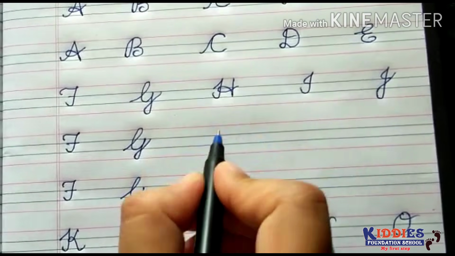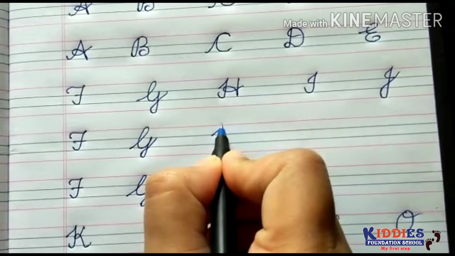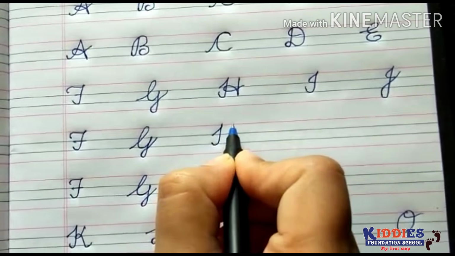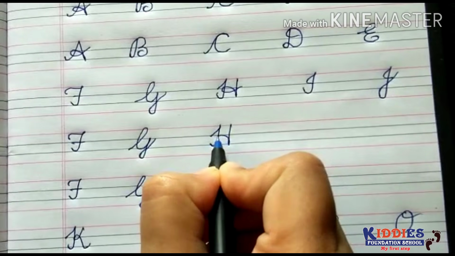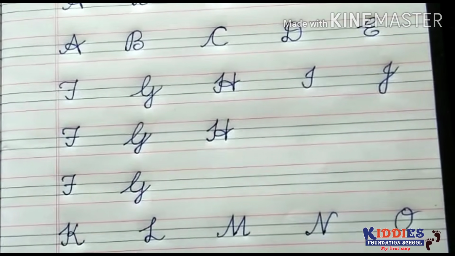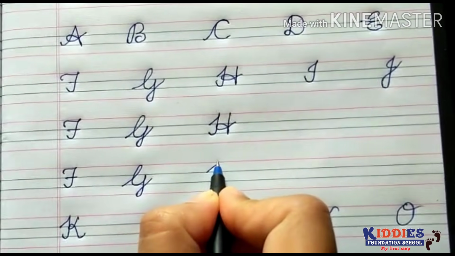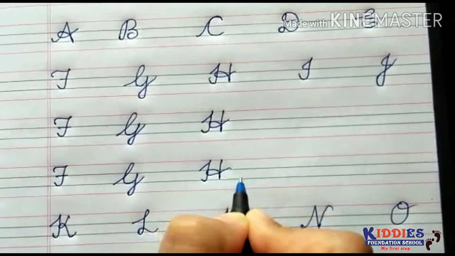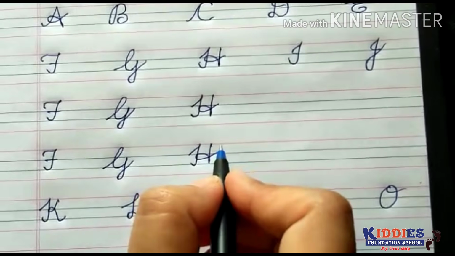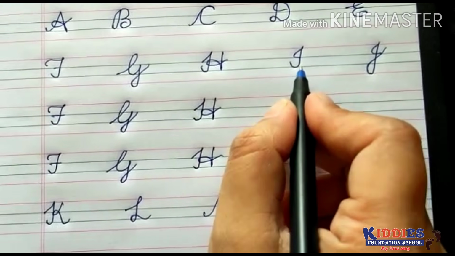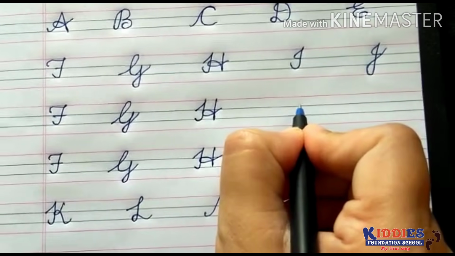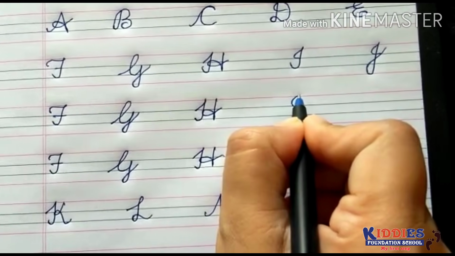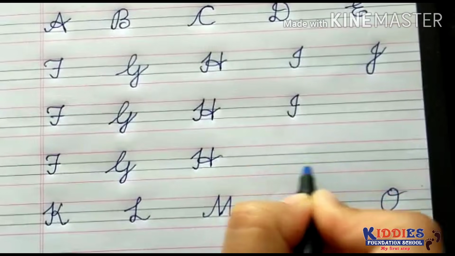This is the letter H. Here, line, like this. Okay, this is the letter H. Now come to the letter I. From here, from blue line to red line, like this.